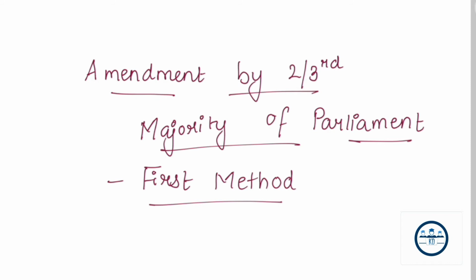For this purpose, an amendment bill can be passed by each of the two houses of Union Parliament by a majority of its total membership, that is, the absolute majority, and by two-thirds majority of members present and voting in each house. It is a rigid method in so far as it prescribes a special majority for amending the Constitution, but it is considered to be a flexible method because under it the Union Parliament alone can pass any amendment.